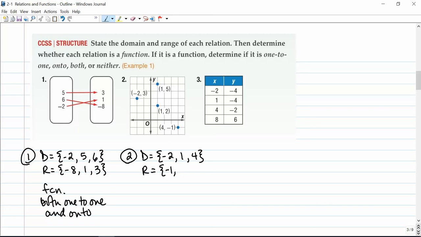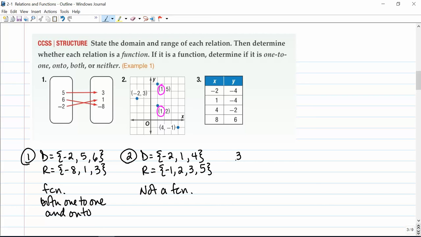So -1, 2, 3, and 5. And this is actually not a function because notice that in this ordered pair, go ahead and mark that in pink here, I have x equals 1, and in this ordered pair here, I also have x equals 1. So this is not a function. And since it's not a function, it can't be one-to-one or onto.